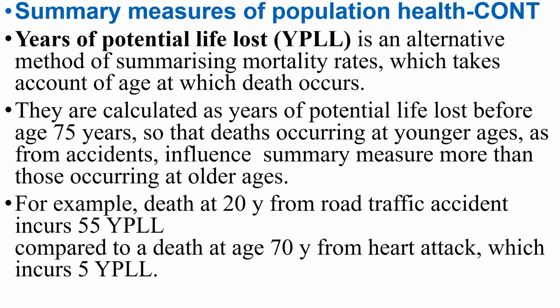For example, death at 20 years from a road traffic accident incurs 55 years of PLL, compared to death at age 70 years from a heart attack, which incurs 5 YPLL.